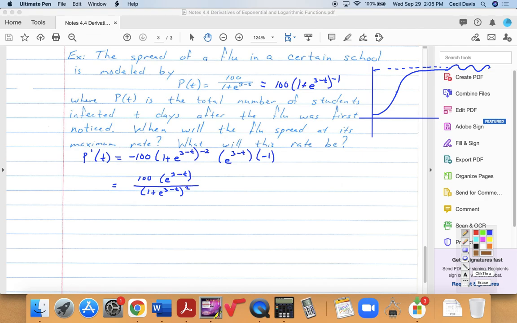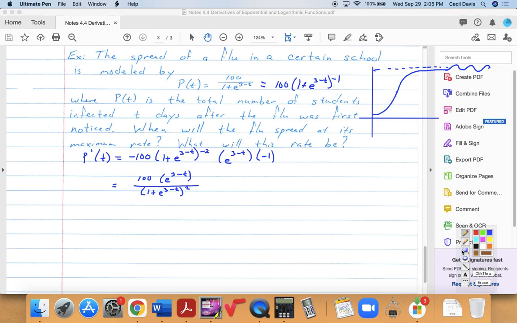And I want to find, where does that have a maximum? Now, we haven't studied this yet. We will later. So for now, we're just going to use a calculator to approximate when this happens. But later on, we'll look at the way we can find it is by taking the derivative of that and finding where it's equal to 0 or doesn't exist, because those are places where you could have a maximum.